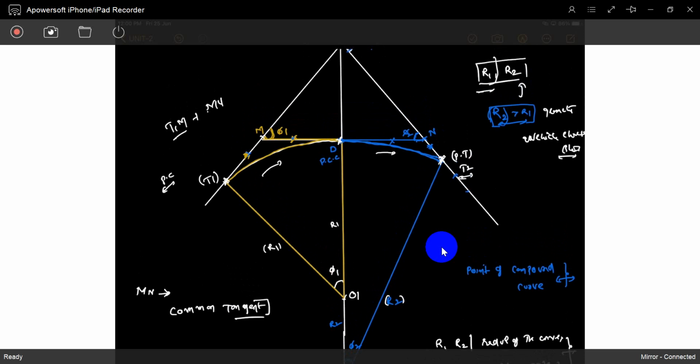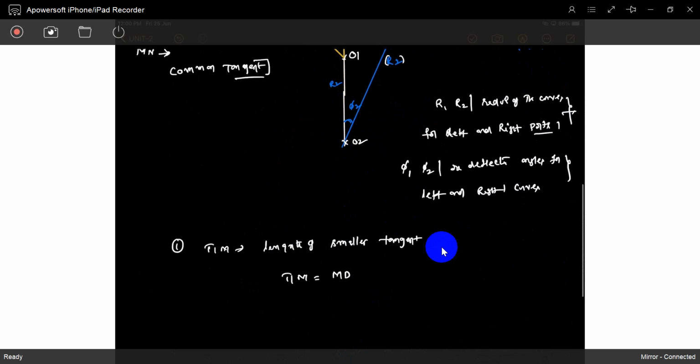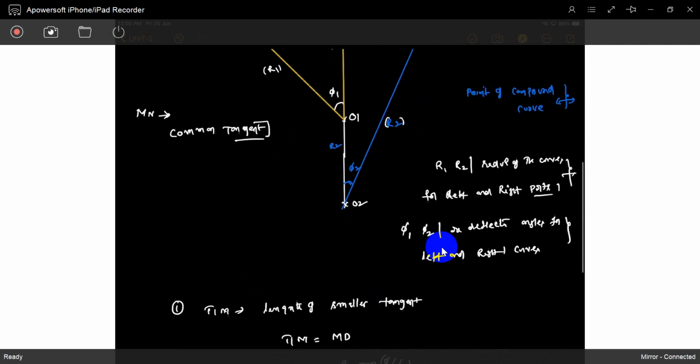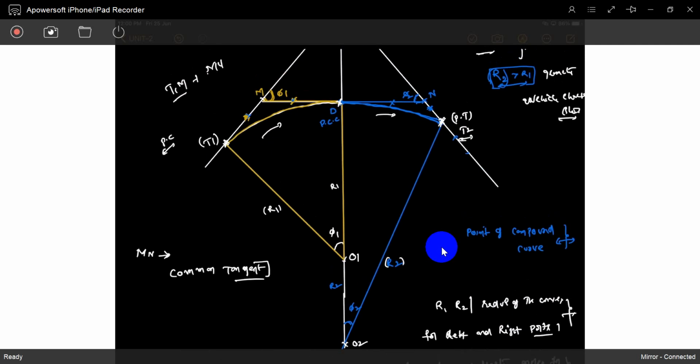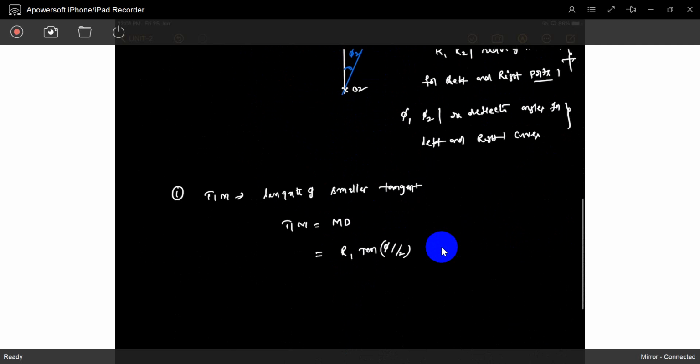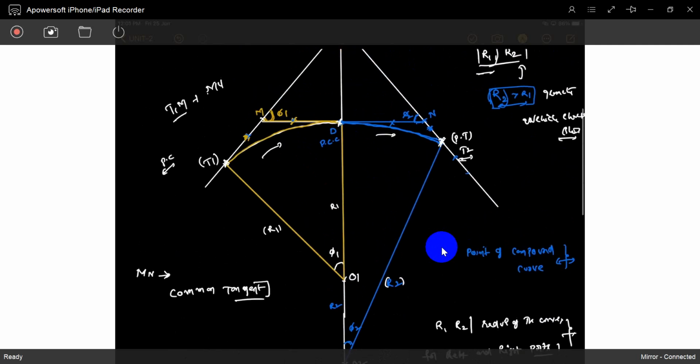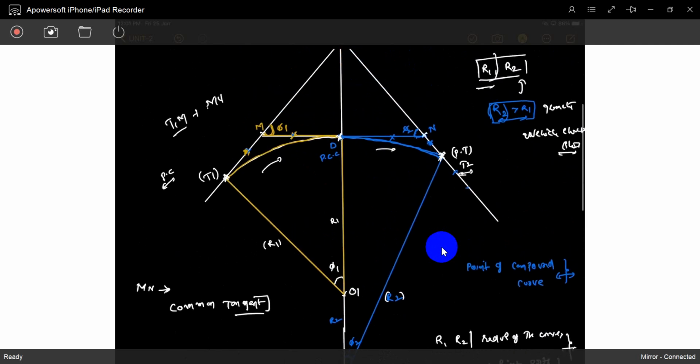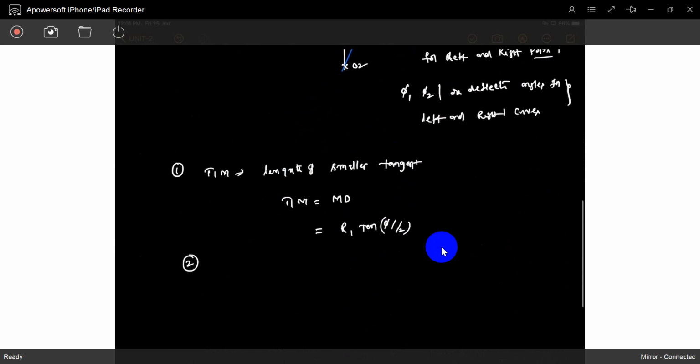What is the value? That value is R1 tan(phi1/2). So this is phi 1, we already know it. Same thing for the point N: ND is equal to NT2. Understood?